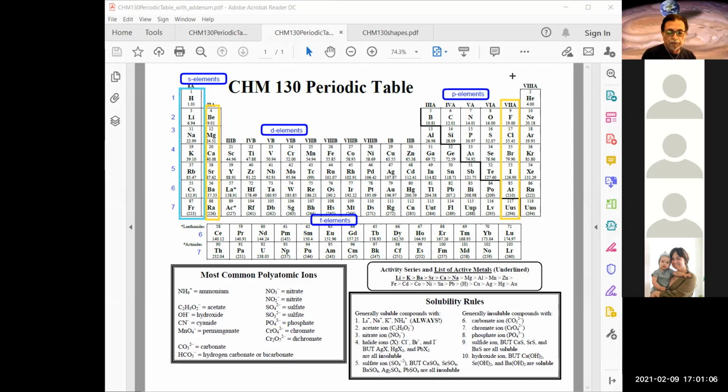So if we take fluorine, for example, it's got 9 total electrons. Of those 9, 7 of them are on the outermost shell. Now the ultimate drive, we're going to learn this, is when chemical reactions occur, the ultimate drive is to get the happy 8, as they call it, or the octet.